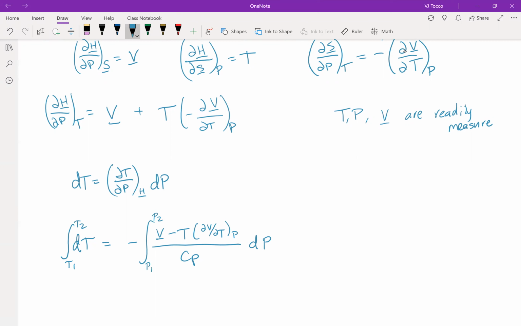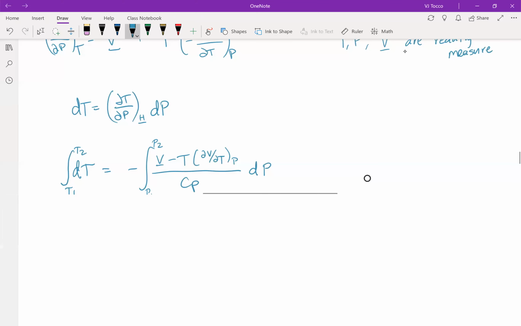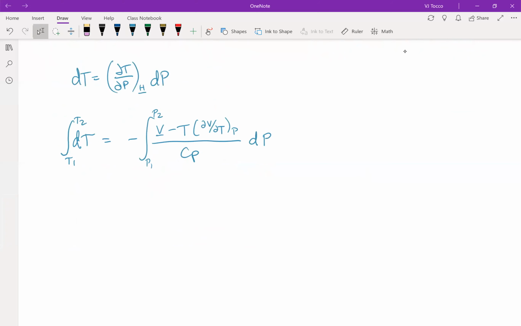And now here's where we need our model. This is where our equation of state comes in. Remember at the very beginning, there was a partial derivative where you may have been tempted to use an equation of state, but you can't because of the variables. Well here, this should be a V underbar as well. Here I have the partial of V with respect to T at constant P. Because I've got the three variables, V, T, and P, I can use the ideal gas law in that case.